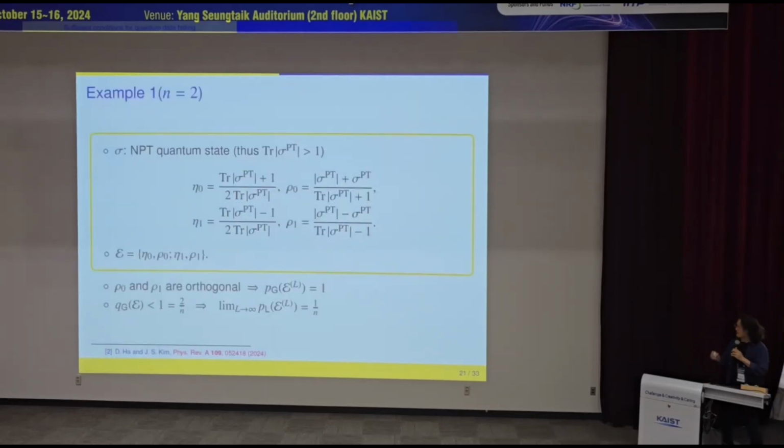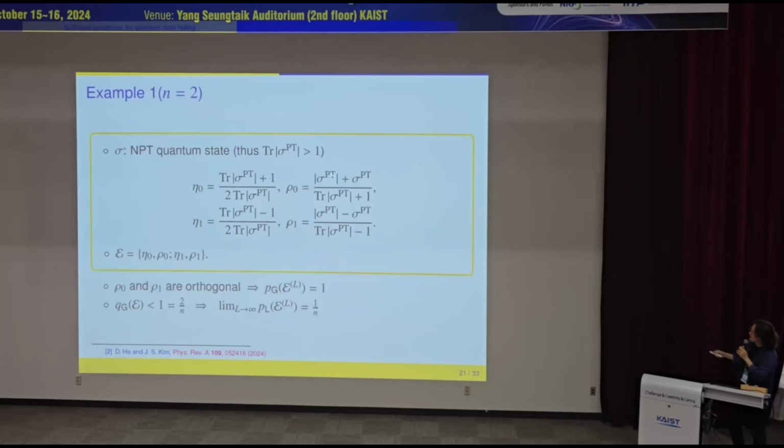And we can also find some examples easily. For the case when n is 2, we can think about any NPT quantum state, which means it has some negative eigenvalues after partial transposition. Then it implies that the trace norm of this sigma PT is strictly larger than 1.